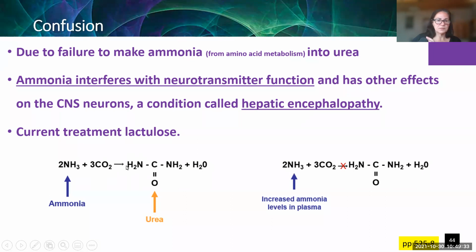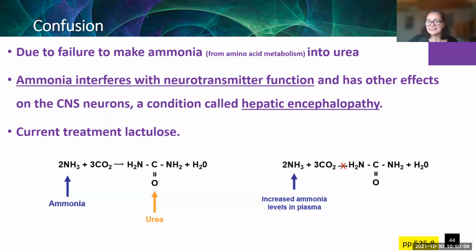So here's one of the ammonia groups, and here's the other one, and this urea is eliminated through the kidneys. But if we can't do this reaction because the liver's not functioning well enough, then we just get more and more and more ammonia in the blood. And eventually it finds its way into the brain, and that leads to the confusion.